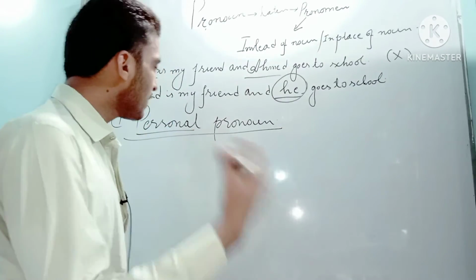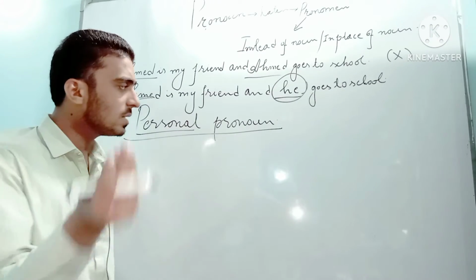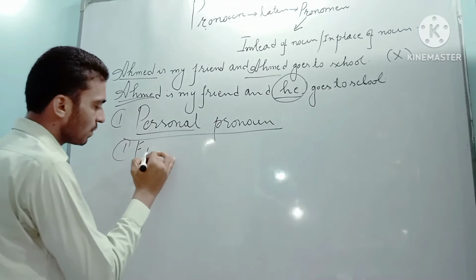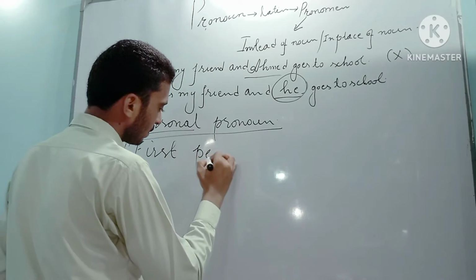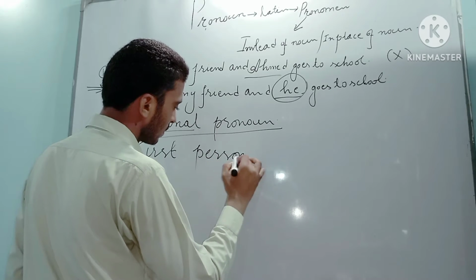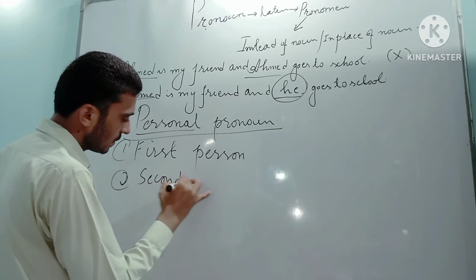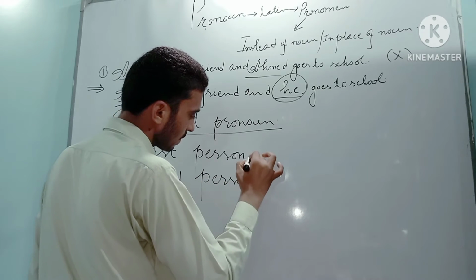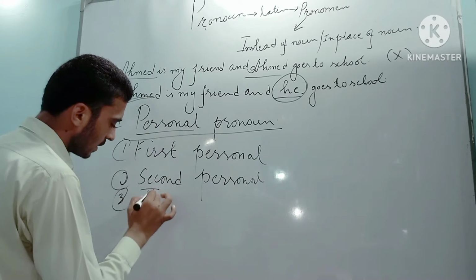Personal pronouns are those pronouns which are used for a person. A personal pronoun is also divided into three kinds: first person pronoun, second person pronoun, and in the last, third person pronoun.